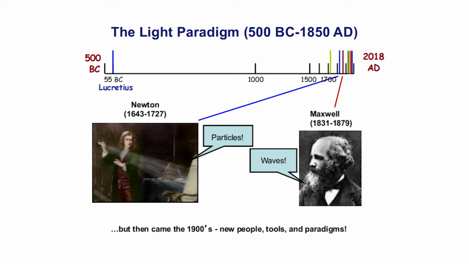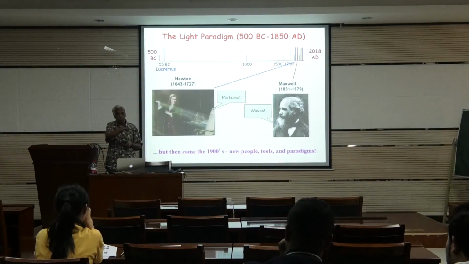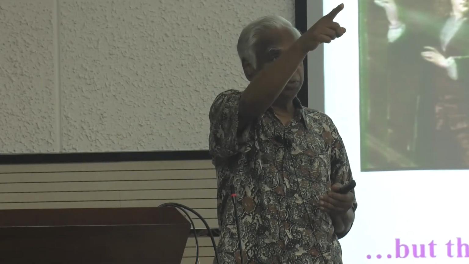So Newton thought light is like sand, a lot of particles. And Maxwell felt it's not like sand, it's more like water waves. So these two are totally different concepts. One says the light that comes from there is a lot of particles coming out.